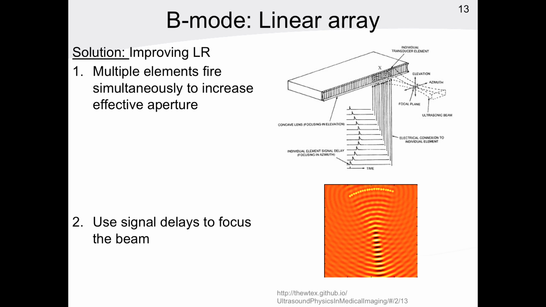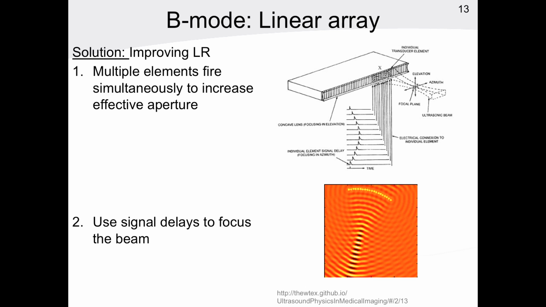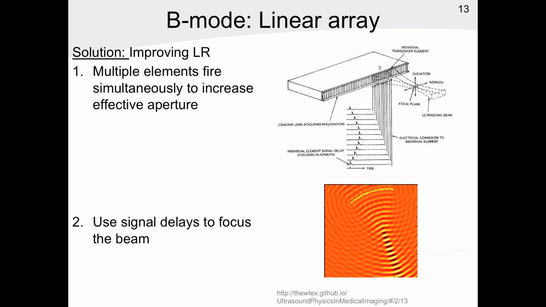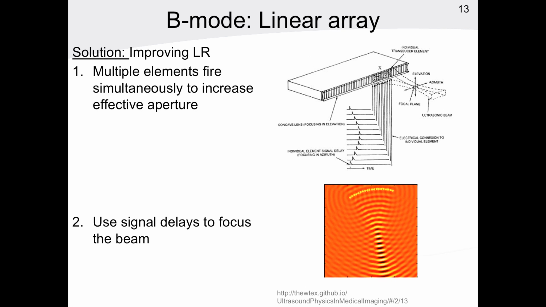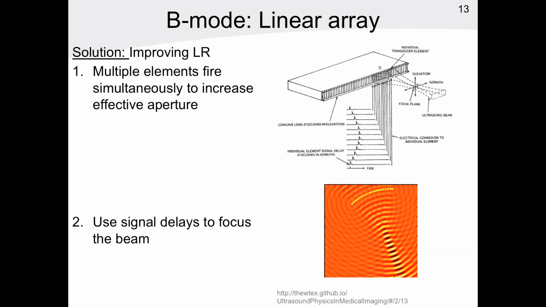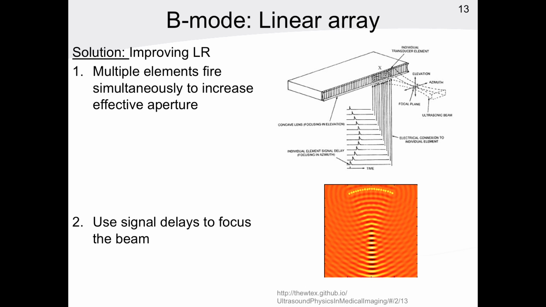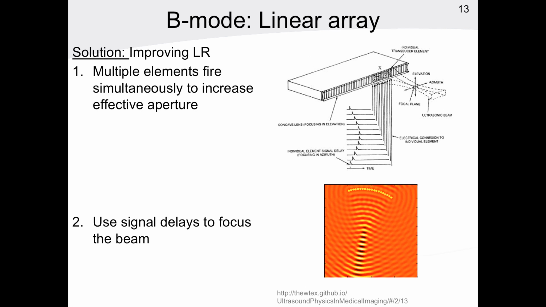The second thing we can do to improve lateral resolution is to use signal delays, time signal delays, so that we can focus the ultrasound beam. The idea here is that by applying these delays, we can steer the ultrasound beam to look specifically at a location where we would want to see.